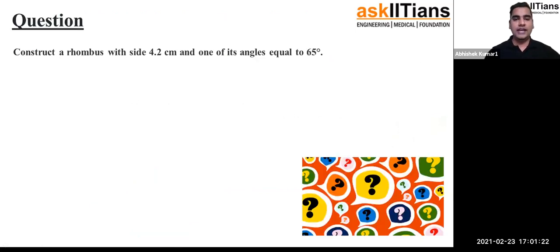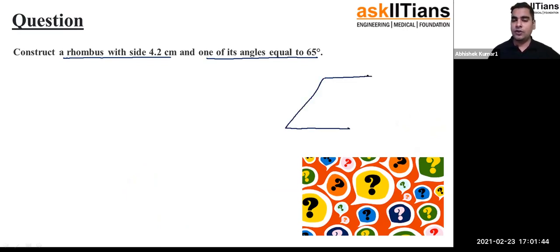Now we have one more situation, where we have to construct a rhombus with side 4.2 centimeter and one of its angles equal to 65 degrees. We all know what a rhombus looks like. I'm just drawing a rough figure to give you an idea.